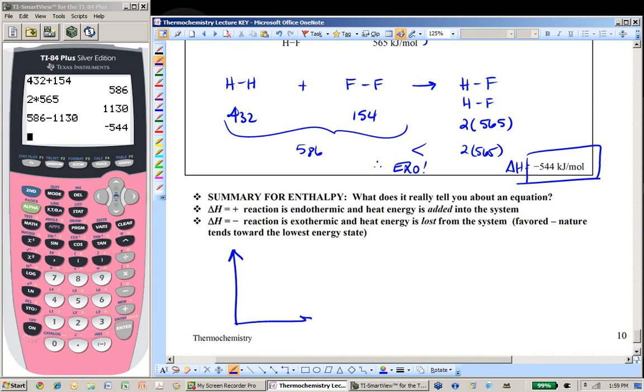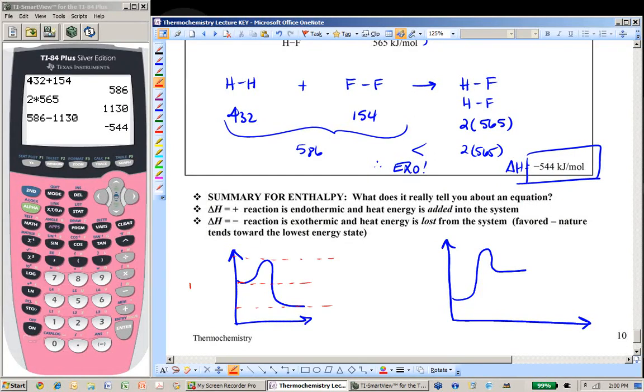And I leave you with these classic graphs you will see over and over again in this course. You have already seen them over and over again in other courses. And I want a quick interpretation of this. Energy is on this side. Time, reaction progress, reaction coordinate, lots of different labels for that x-axis.